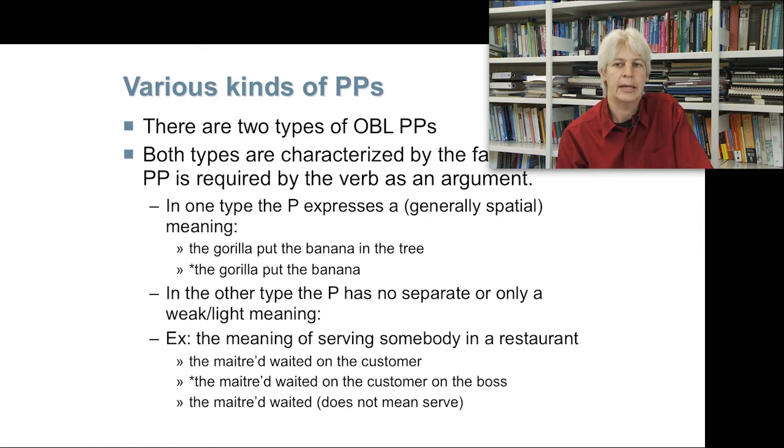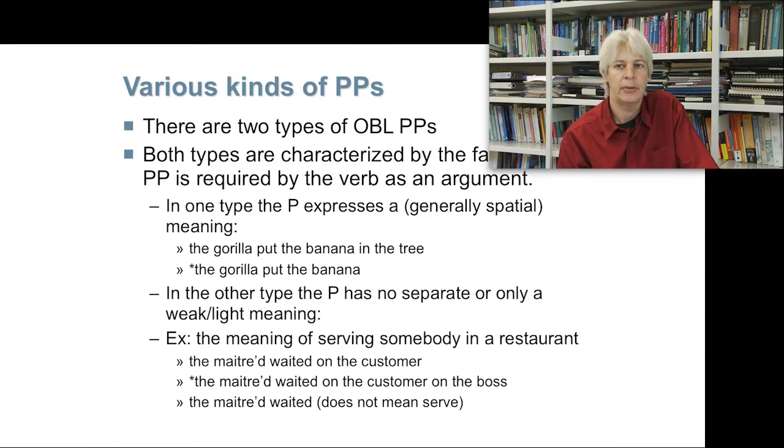What it means is that the maitre d' served the customer some food or some drinks or etc. So the "on" there doesn't really mean "on." It means something. It's very hard to characterize what it means, but it doesn't have that spatial meaning of being on top of something.